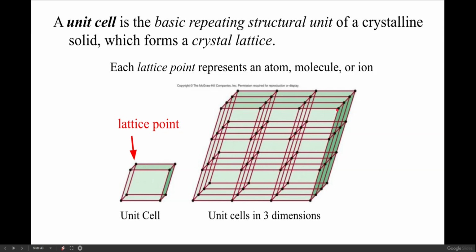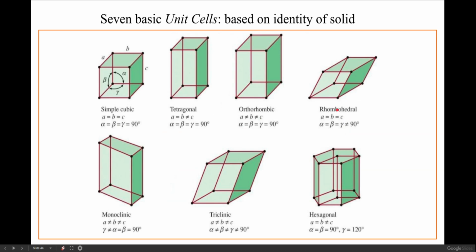Now, there's a number of different types of unit cells. These are the main 7. The simplest is called a simple cubic unit cell, where the lengths in all directions are equal. The angles are all 90 degrees, and something like table salt has this.